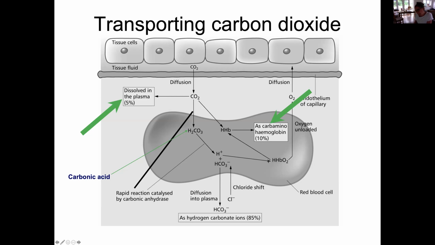The hydrogen ions have bound to that oxyhemoglobin, and as they bind, that lower pH causes the oxyhemoglobin to unload its oxygen, and that oxygen can then leave the erythrocyte by diffusion and diffuse into the respiring tissues.